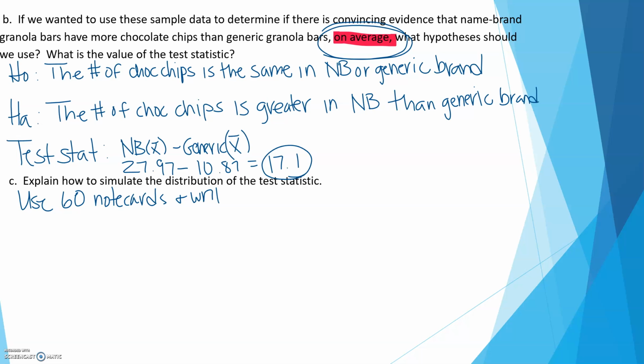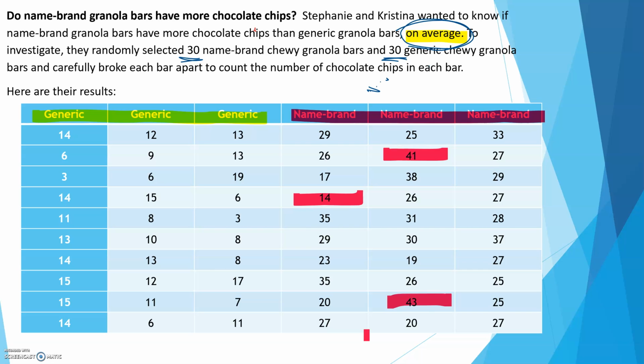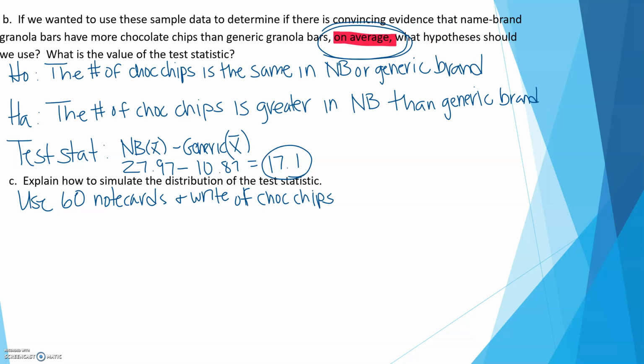And you're going to write on there the number of chocolate chips. Number of chocolate chips. Okay, so basically all these numbers here, 14, 6, 3, 14, 11, 13, all the way over to here, 27, 14, all the way over. Okay, so I'm going to write all of those numbers.